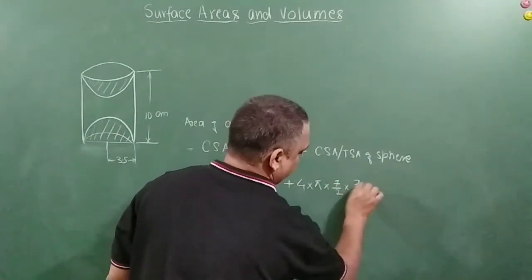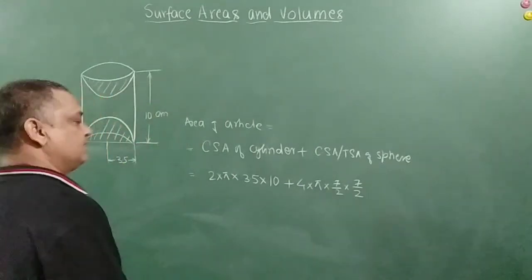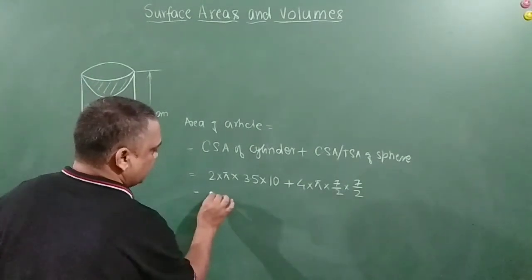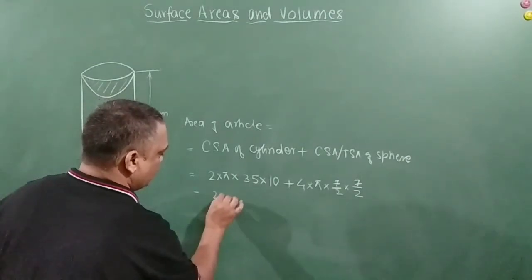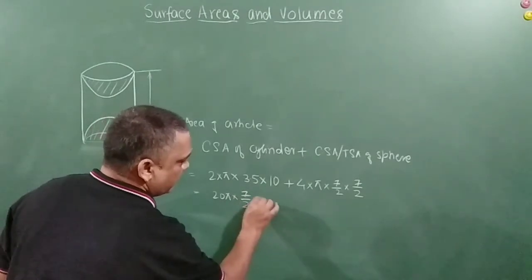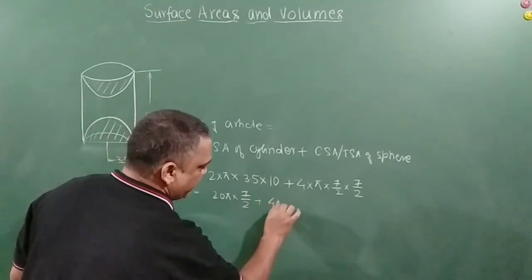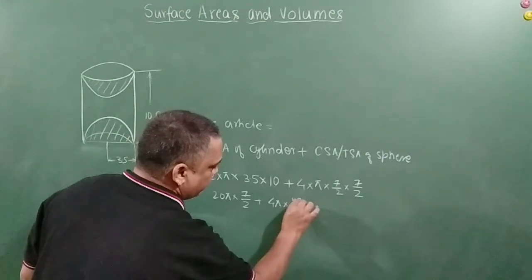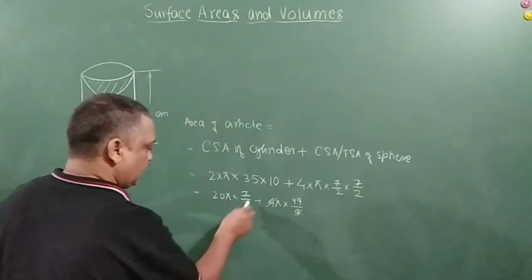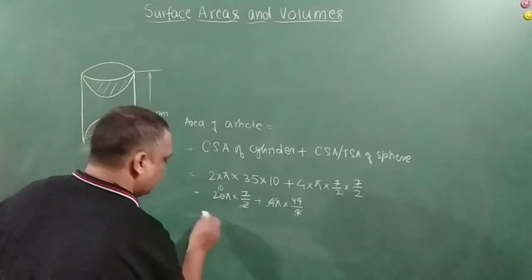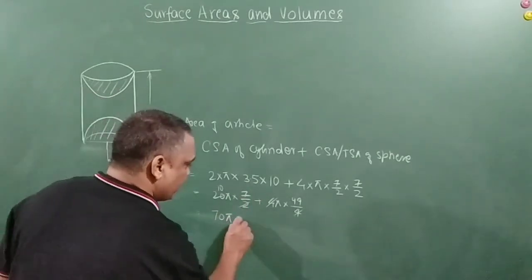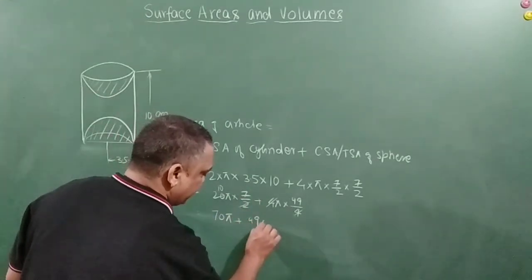I have done the square, 4 pi r square, right. So I'll write this as 20 pi into 7 by 2 plus 4 pi into 49 by 4. Let's cut whatever is possible. So this is equal to 70 pi plus 49 pi.